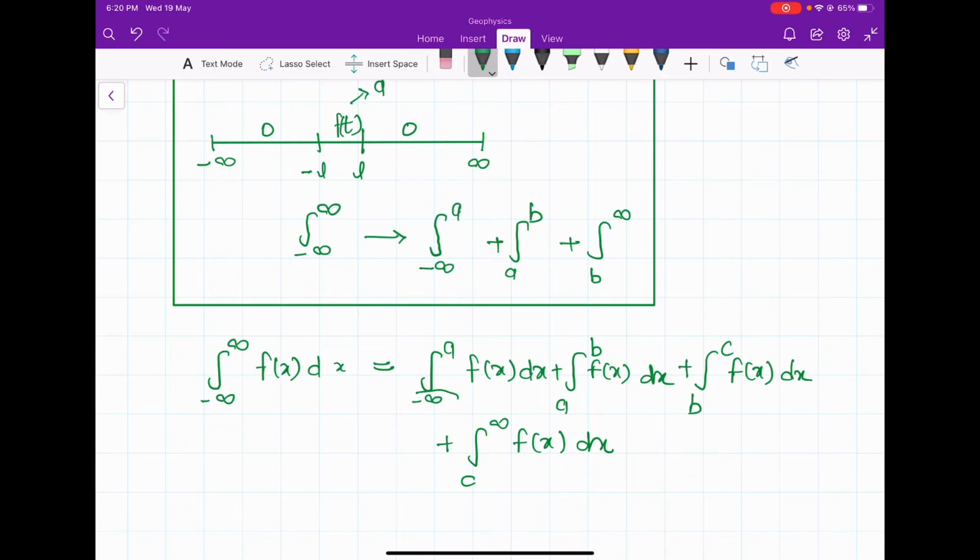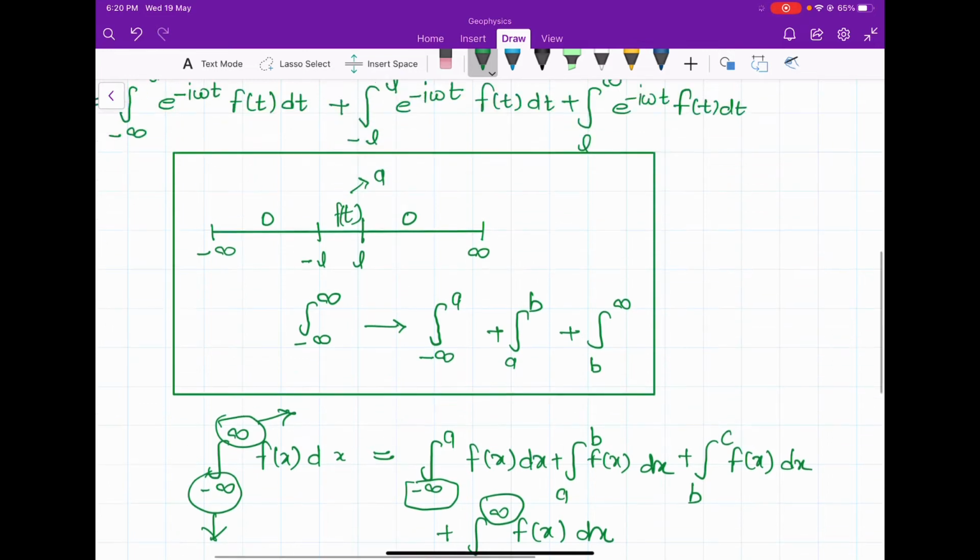Here the lower limit of the first term and the upper limit of the last term are minus infinity and infinity. So this property will be used here.